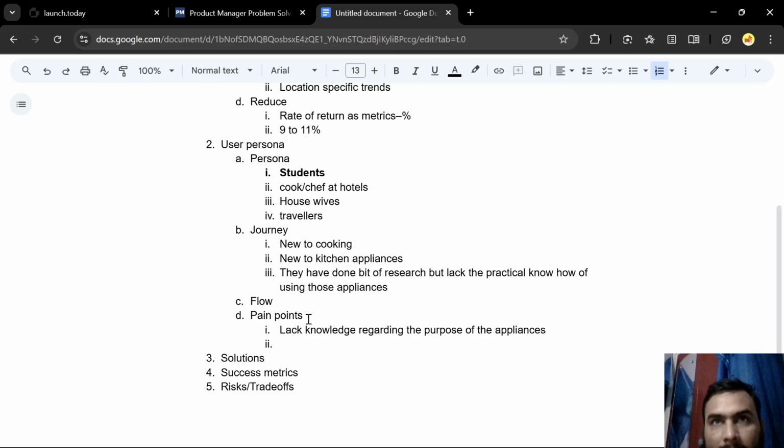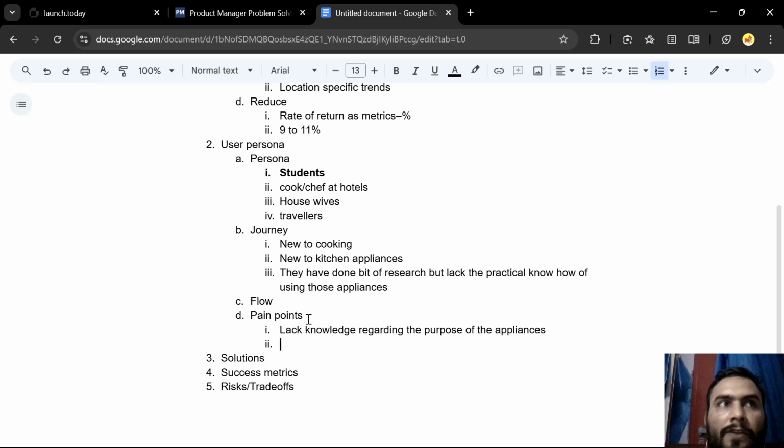So that is one, I think, pain point for the students, and also very little information. Yes, that comes under the lack of knowledge.